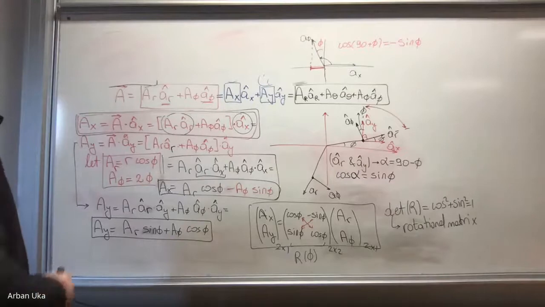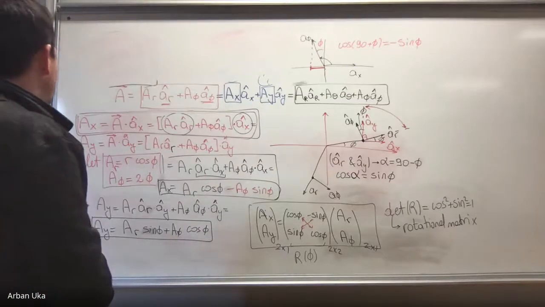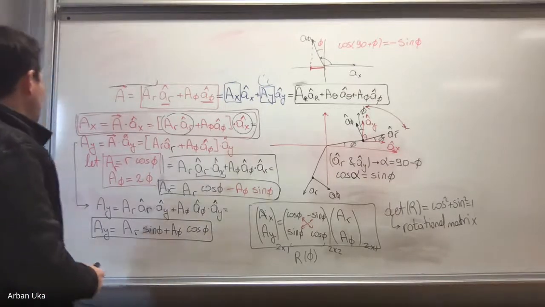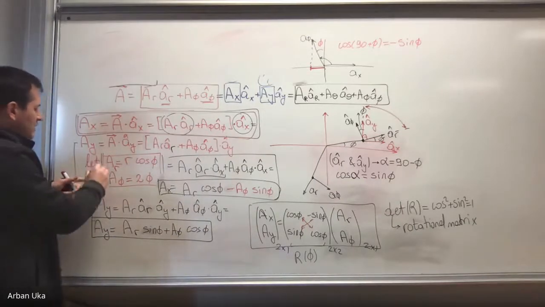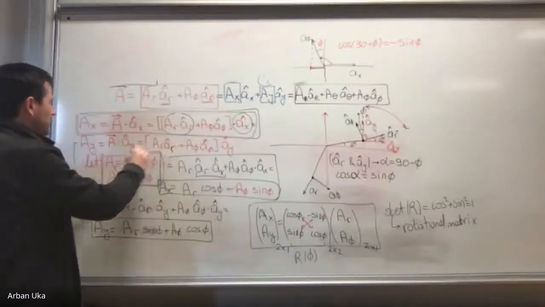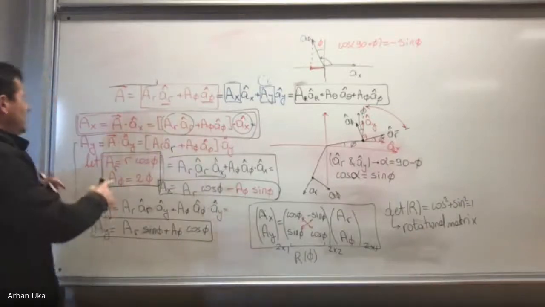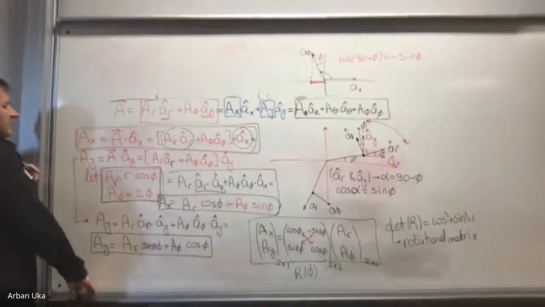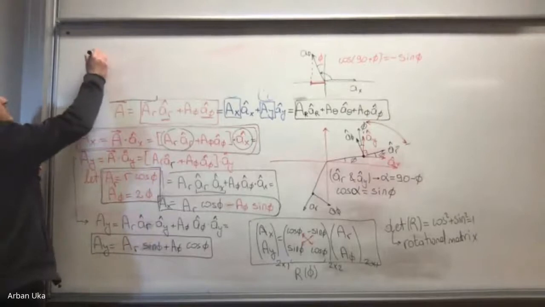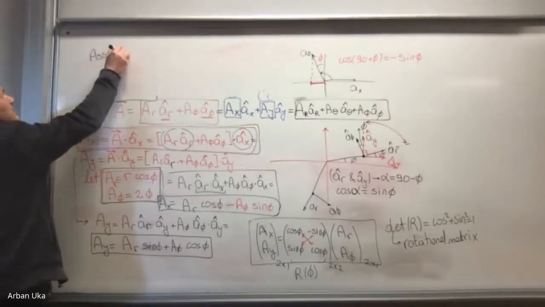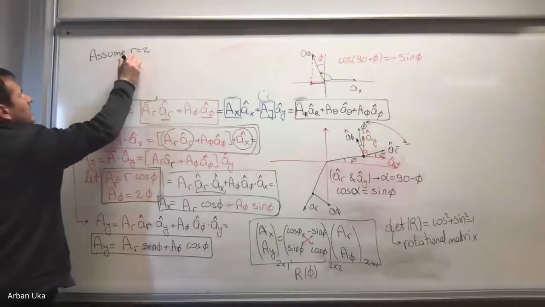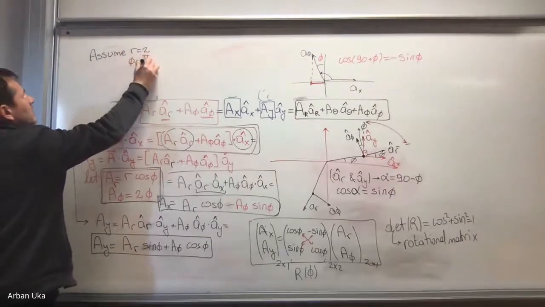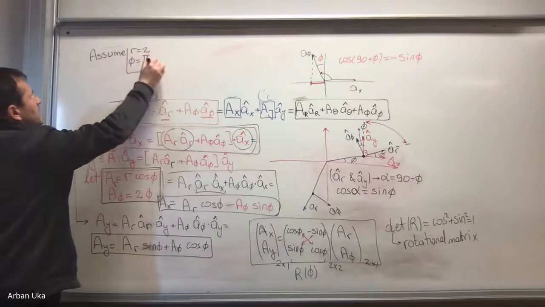In fact, let's try to work this out. Let's assume that we have A_R and A_phi. There are these two values which are shown here, and we evaluate this A_R and A_phi. Let's say assume R is equal to 2 and phi is equal to pi over 3. Okay.